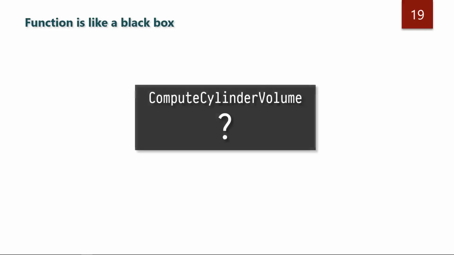For example, in the function compute cylinder volume that we wrote, there are two mathematical formulas inside it. When we wrote the function, of course we needed to know the formula in order to write a piece of Python code. But after that, whenever we use the function, we don't really care what is going on inside the body of the function. We don't even care about that mathematical formula.